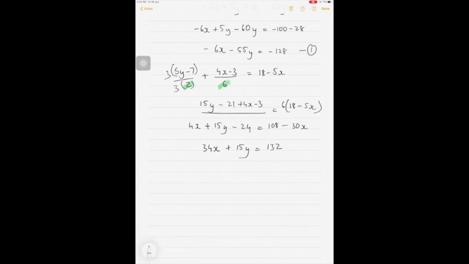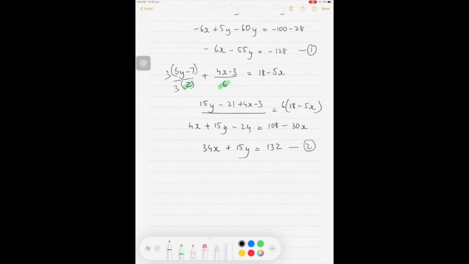So 132. This is my equation 2. Now I have two equations. Now I will make sure that in both the equations either x terms are same or y terms are same.